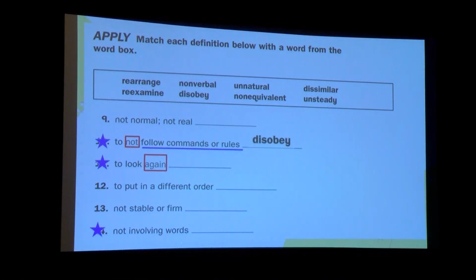We know that again means re, and then examine can mean to look at. So it would be re-examine. What about number 14? Non-verbal. Not can mean non, and involving words means verbal. So non-verbal.